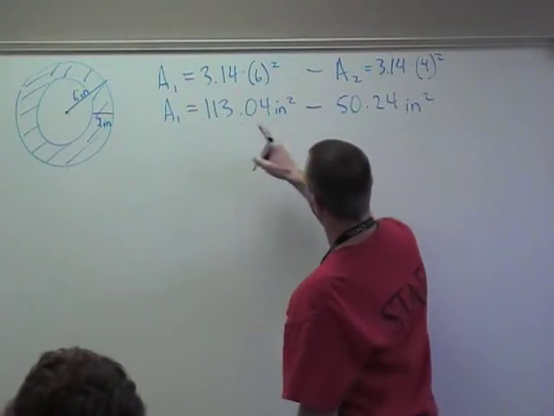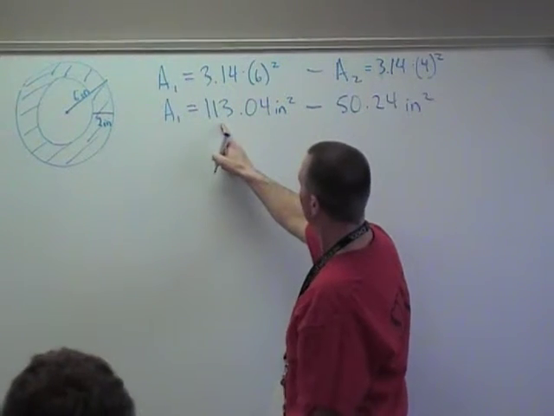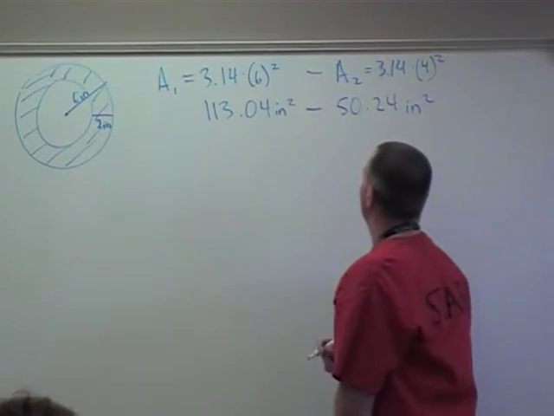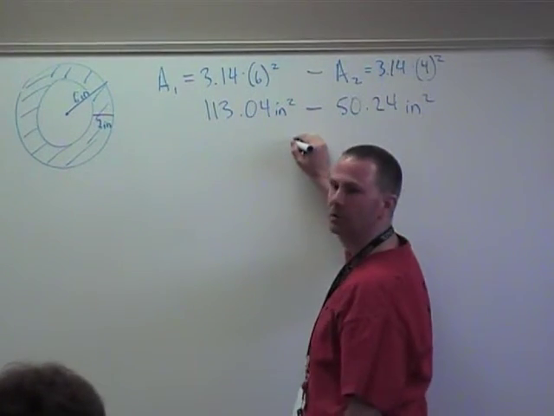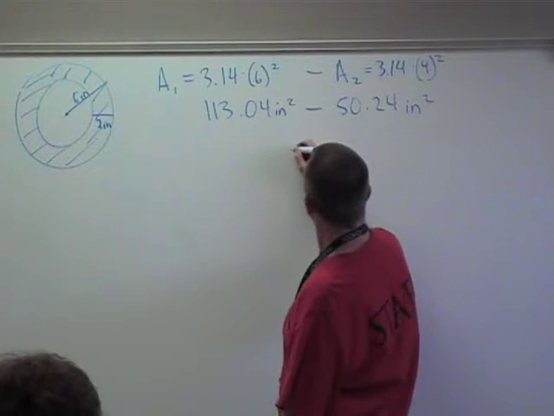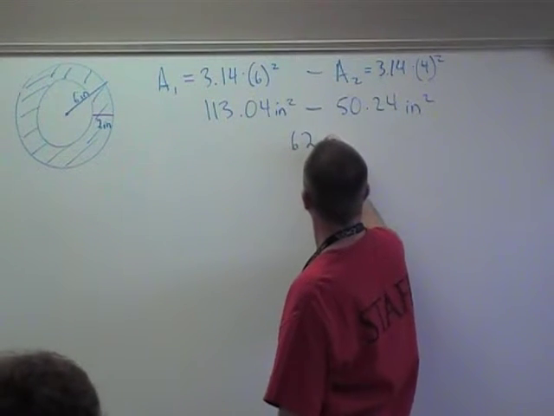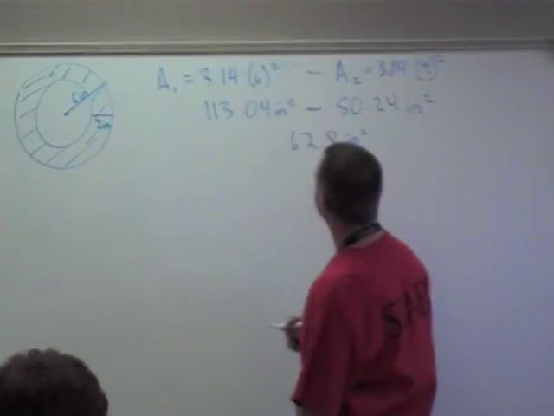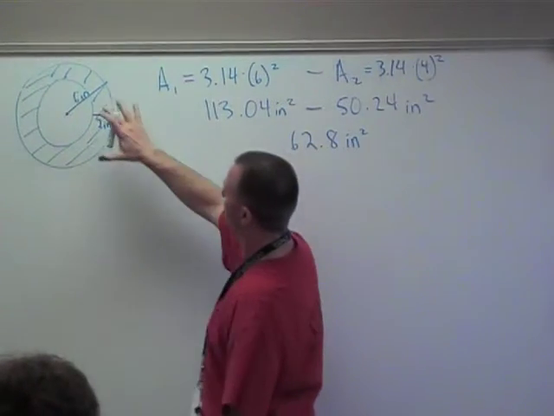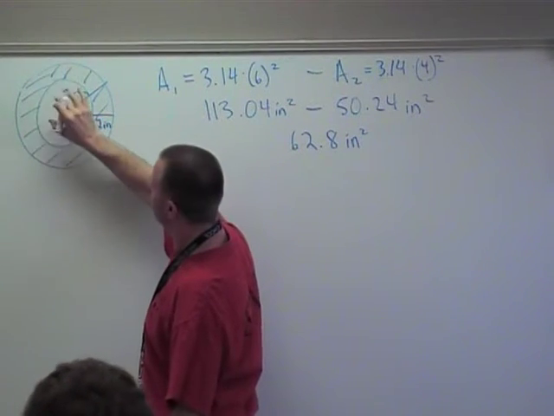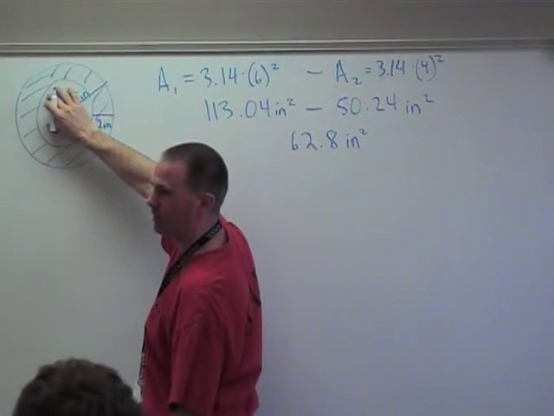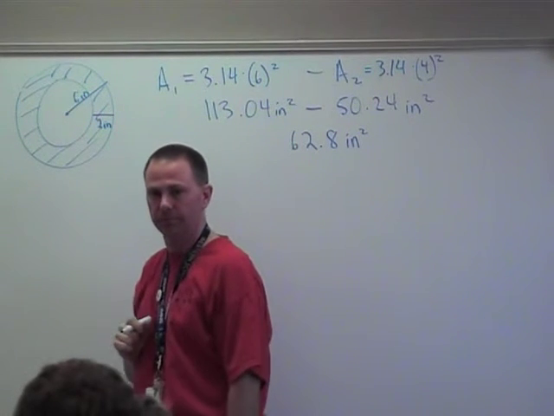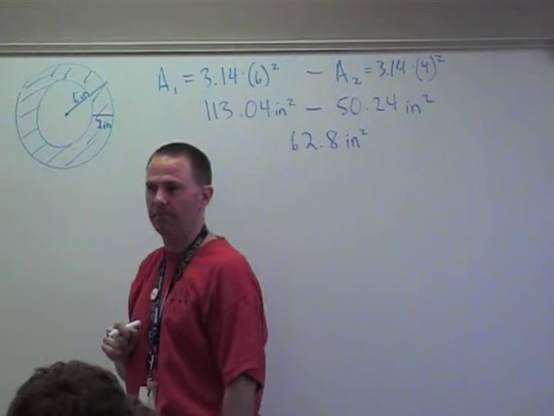So what is 113.04 minus 50.24? 62.8. So you took the area of the big circle, minus this center part, you took away this center circle, and that left you with the shaded region. That's how you do that.